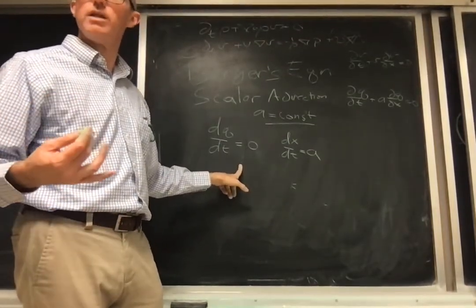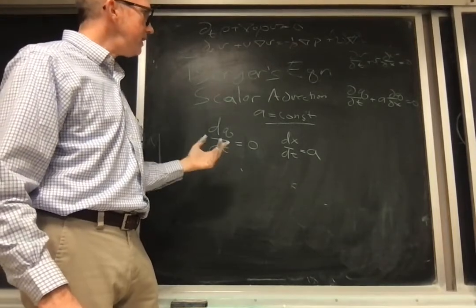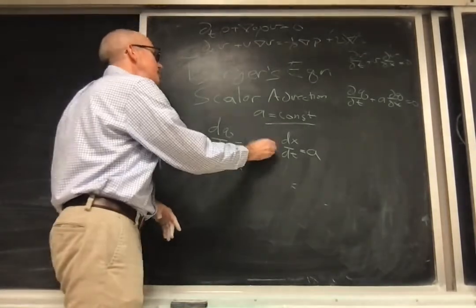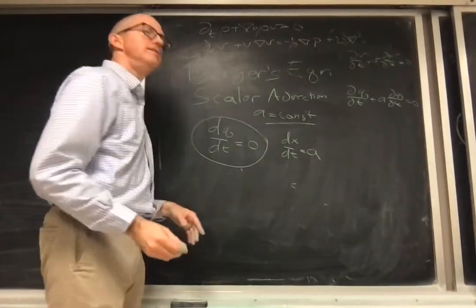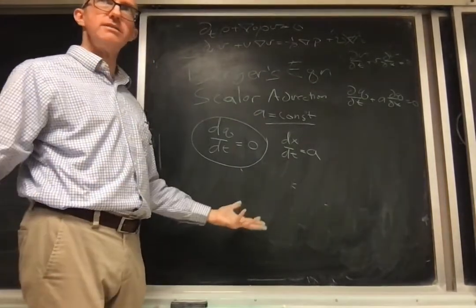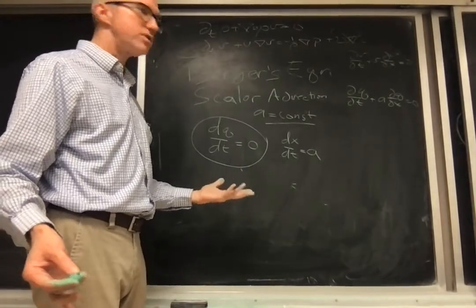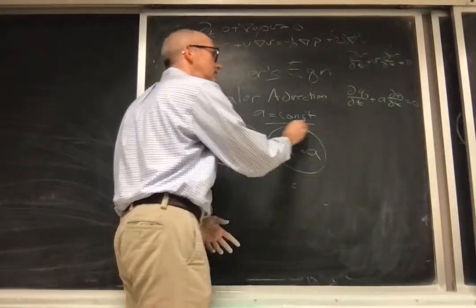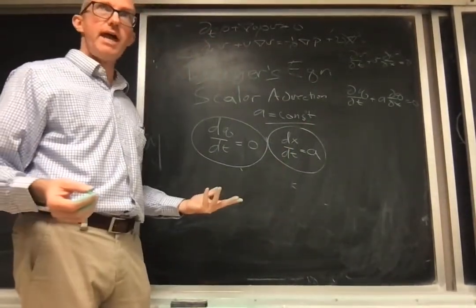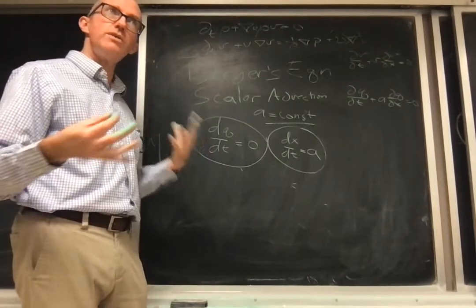This is a thing you can do a lot of the time. It's pretty handy. So what does this say? It says q is constant. Almost. q is constant when dx/dt is a.